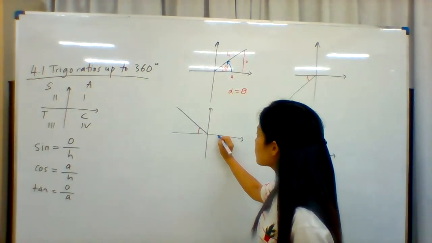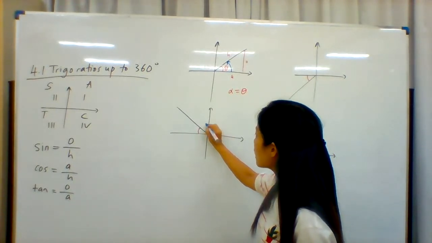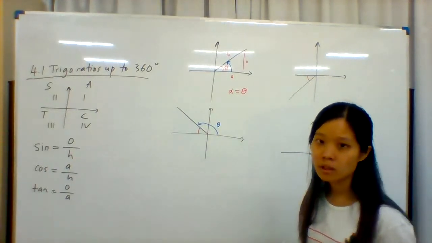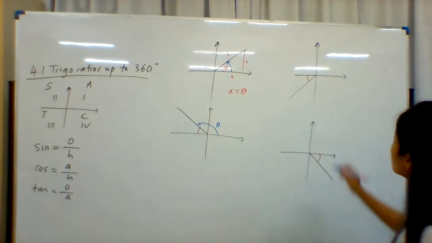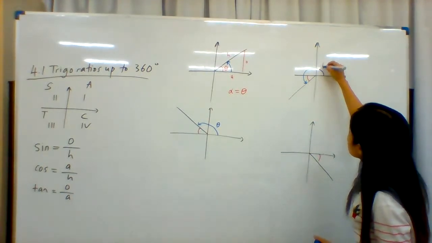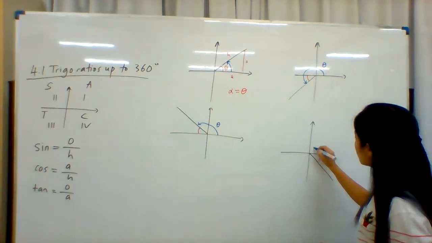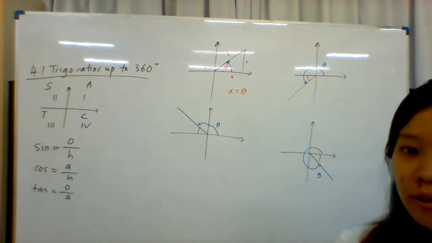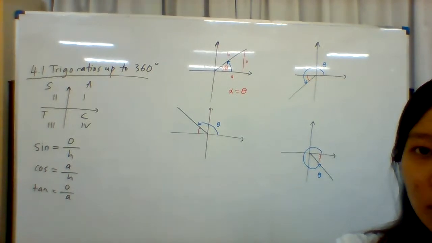Always start from the x-axis from the first quadrant up to the line. So here will be your theta. That follow? And then same, this one starts from here all the way until the line here, theta, and here all the way, here will be your theta. Can follow or not? That's your corresponding theta to your basic angle.